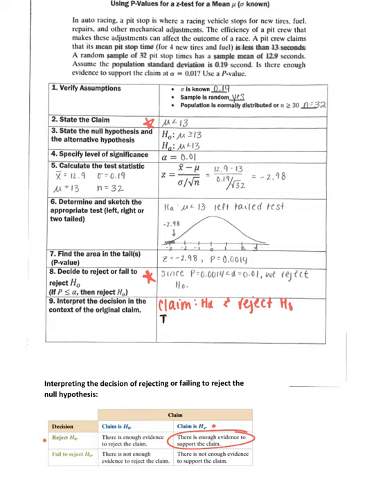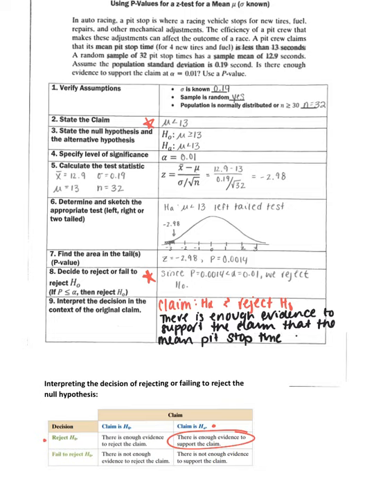So we're going to write: there is enough evidence to support the claim that the mean pit stop time for this pit crew is less than 13 seconds. Okay, so all we did was add the context of the problem.